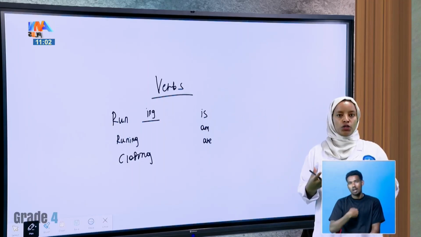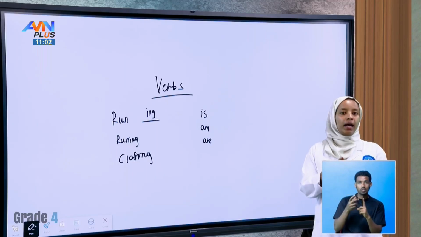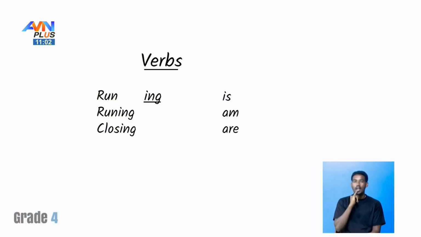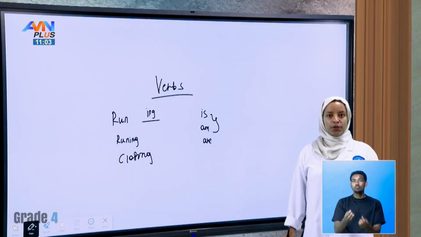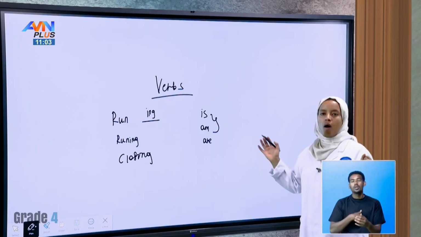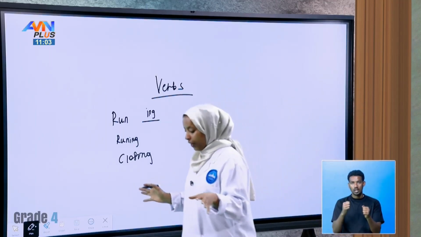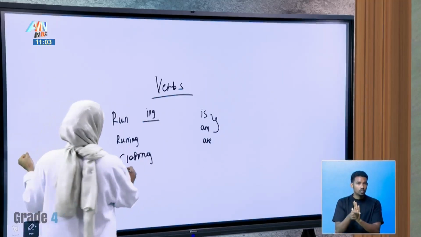For singular subjects, we can use is. And also when we come to plural subjects, we can use are. And also we can use different helping or modal verbs, like for example have.